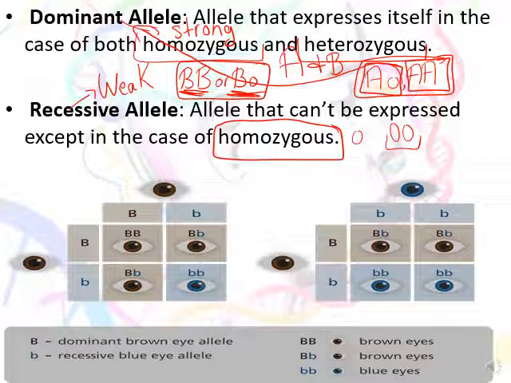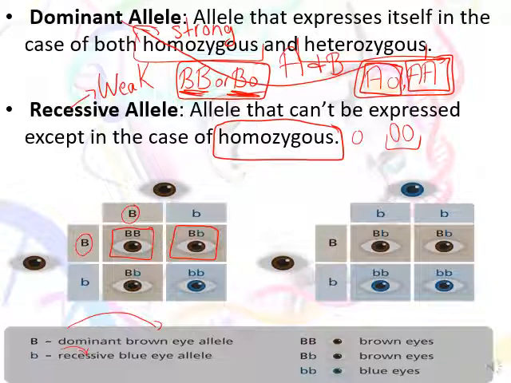So here, we have this factorial analysis showing that capital B is the brown dominant allele, and small b is the recessive blue eye allele. First, if we have B from the father and B from the mother, for example, it will be BB, and BB will give brown. Or we have small b for blue and capital B for brown, so it is Bb, and it is brown. Why brown?